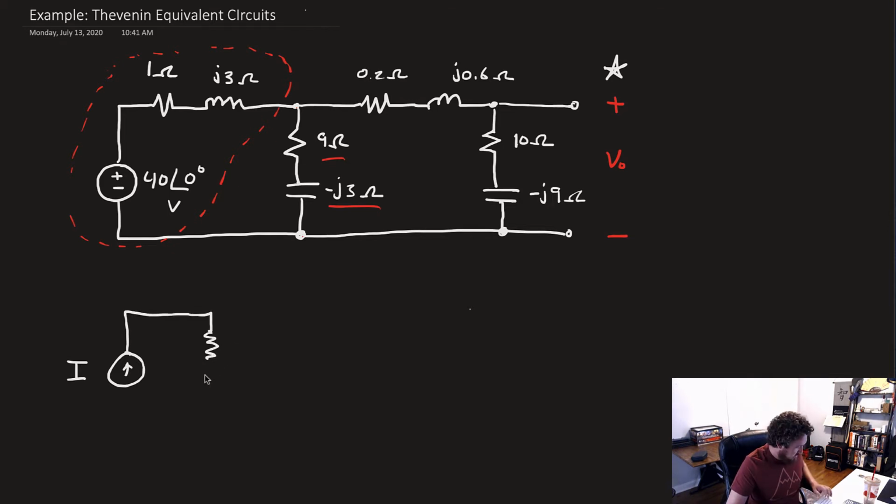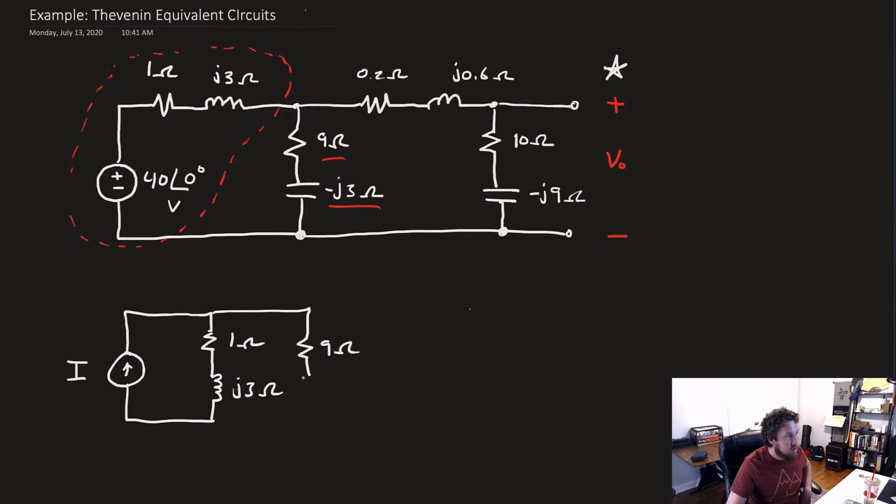And then we just bring those impedance values down with us, so that'll be 1 ohm and j3 ohms. And that's in parallel now with this 9 ohm resistor and this minus j3 ohm capacitor, and that's in series with the rest of the circuit. We won't worry about that just yet.